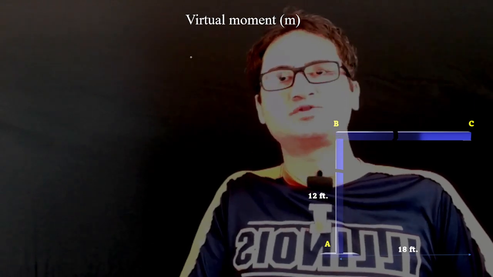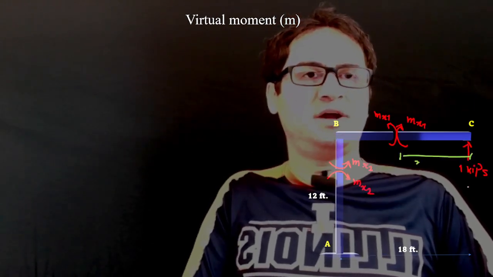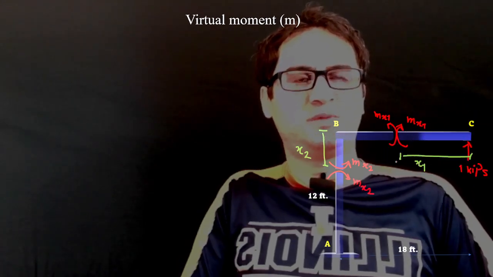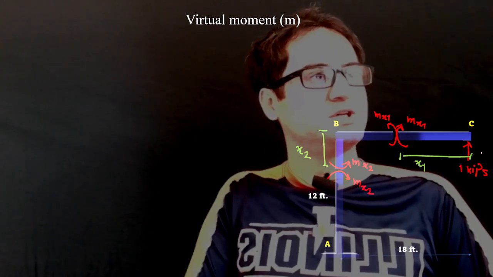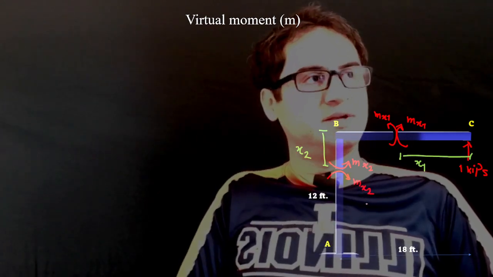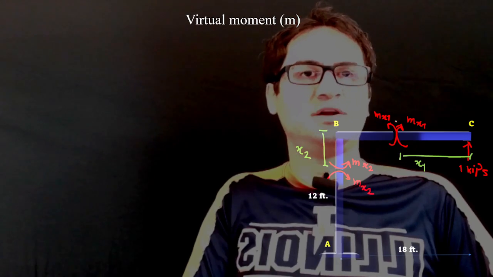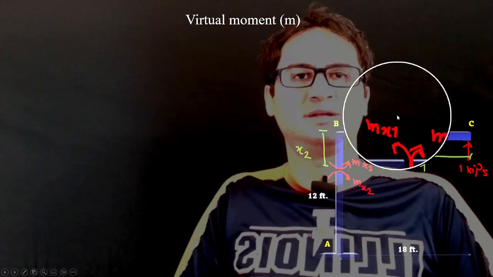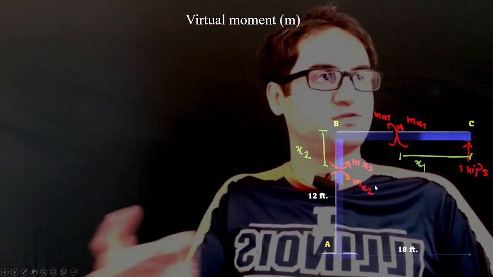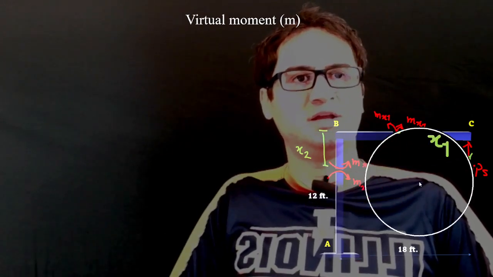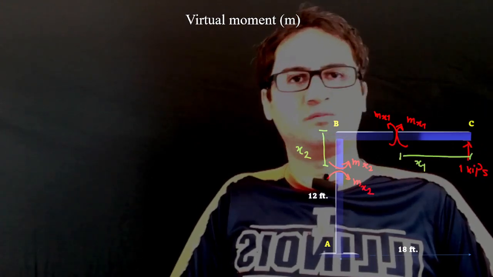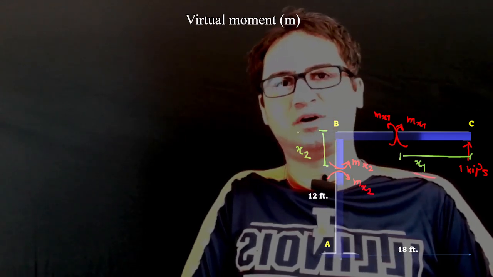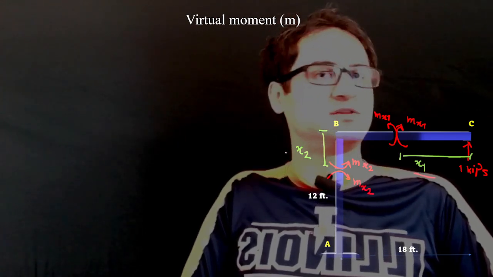For the virtual moment, we apply a 1 unit force, 1 kilopound, in the direction of our redundant reaction at C, and cut our section again through small mx, because we are in the virtual moment. We release all the forces from the structure and just apply a unit force in the direction of our movement, and again cut the section by a length of x1 and cut the vertical one by a length of x2.